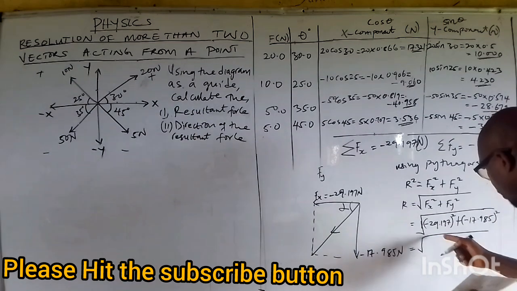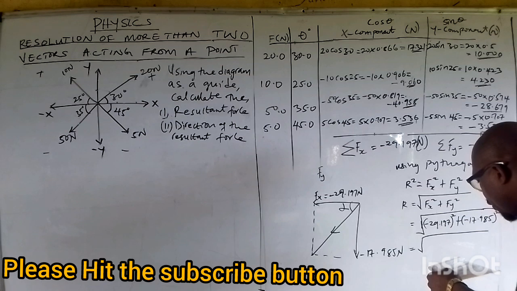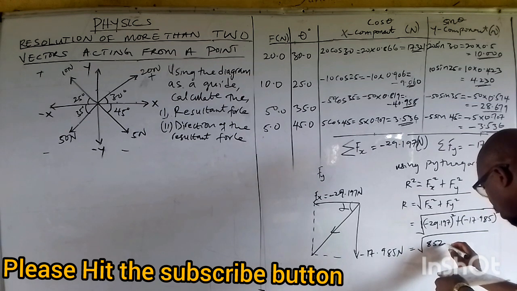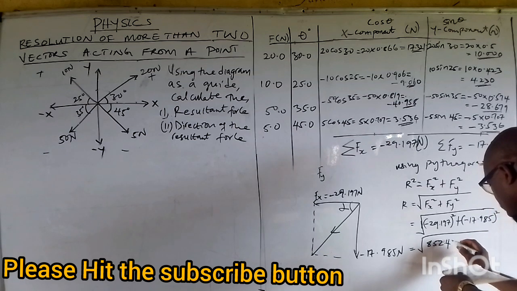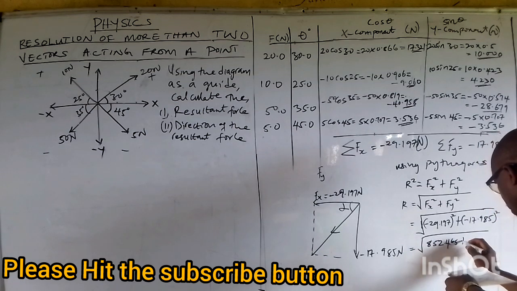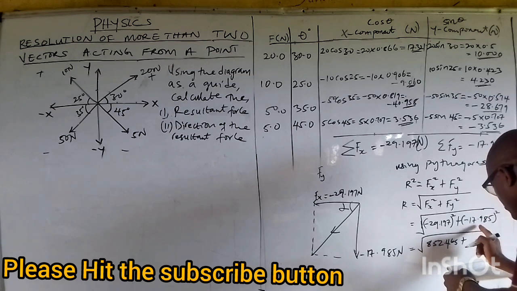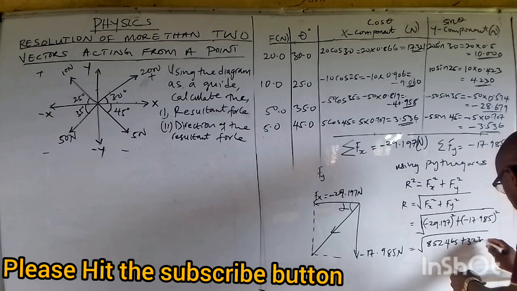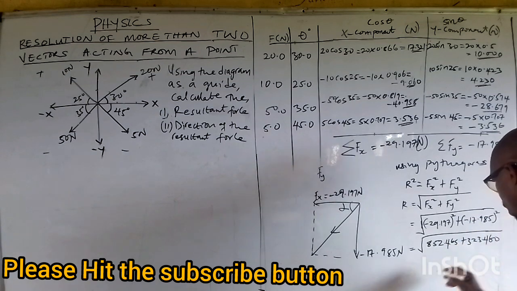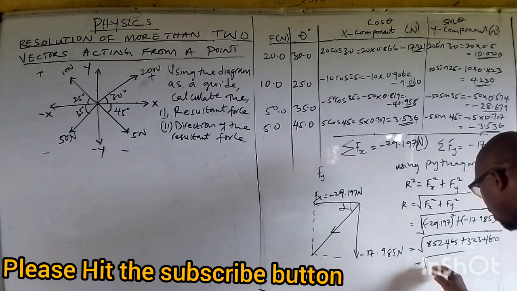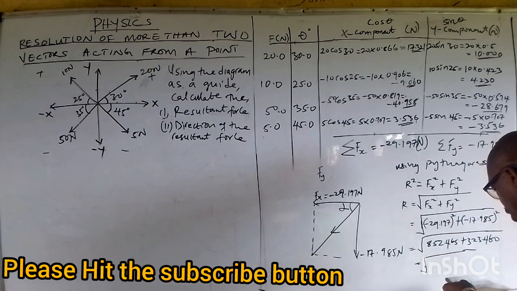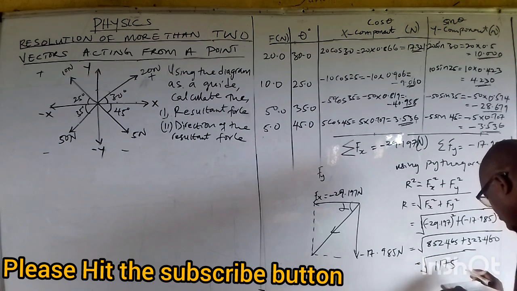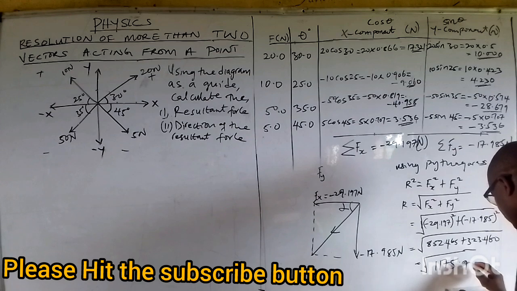We will now have the square of 29.197 will give us 852.465 plus the square of this piece will give us 323.460. When you now add the two, we have 1,175.92.